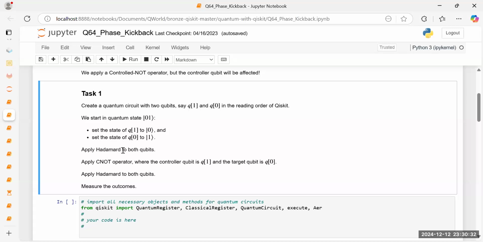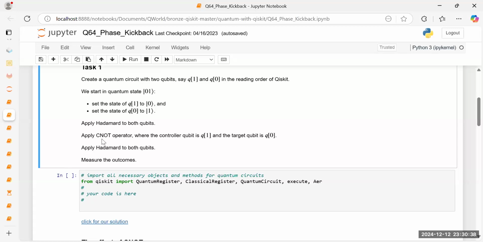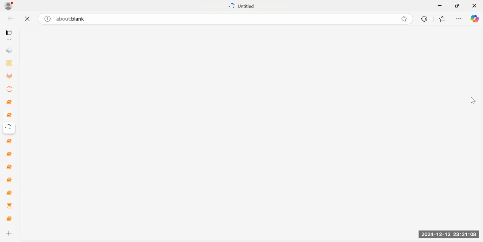And then we apply Hadamard gates to both qubits. Then we apply a CNOT operator where this is our control and this is our target. Obviously, we've applied Hadamard gates to the states you see here, but the first qubit is our control and the second qubit is our target. And then we apply Hadamard gates once more, and then we measure. So let's see what happens in our circuits when we do this.